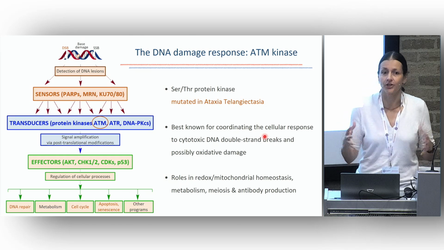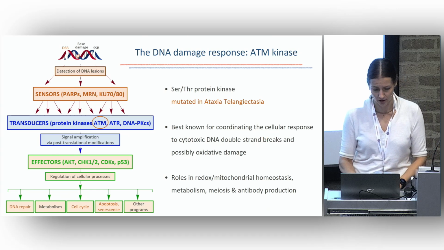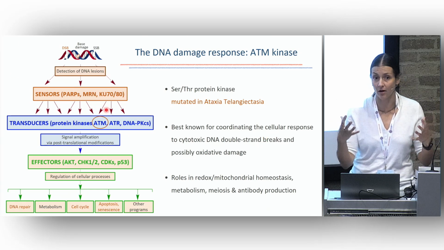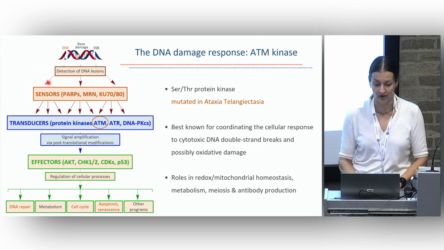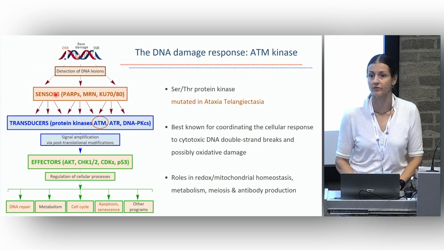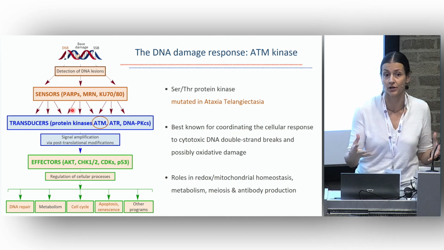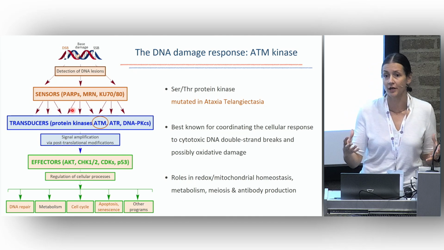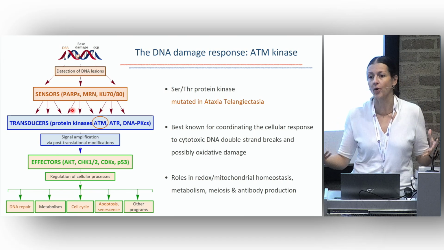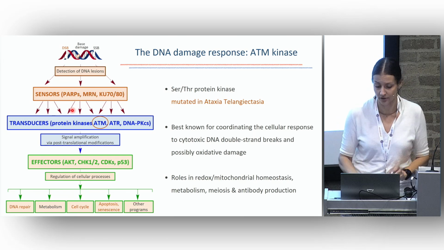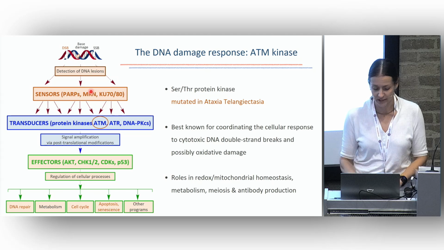So now, going back to the DNA damage response, just to give you a bit more introduction. It's a complex pathway which needs to detect DNA lesions by various enzymes called sensors, and you will have heard of PARP1 inhibition being used for driving synthetic lethality of homologous recombination deficient cancers. So PARP1 is a sensor of DNA damage.